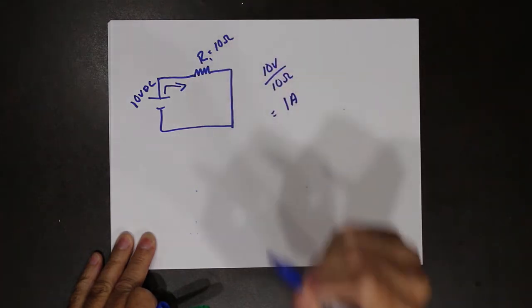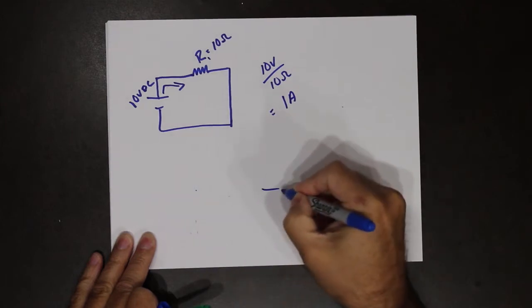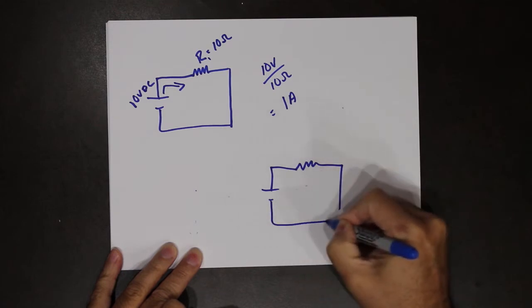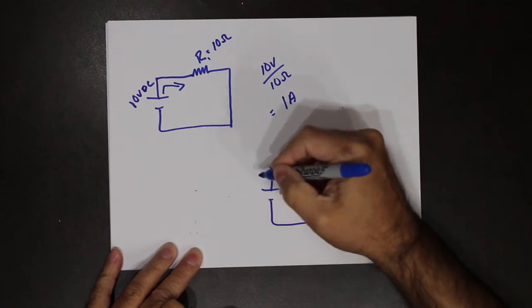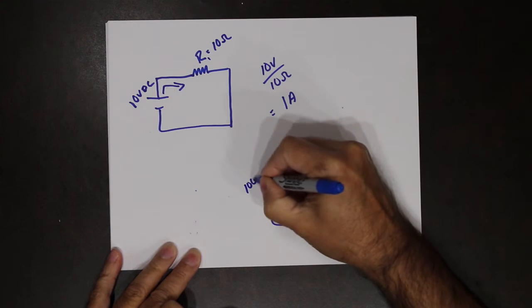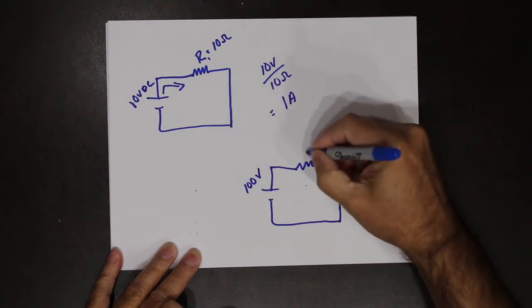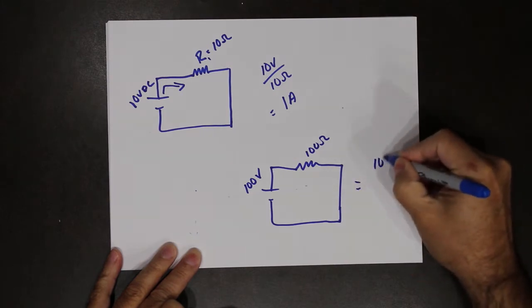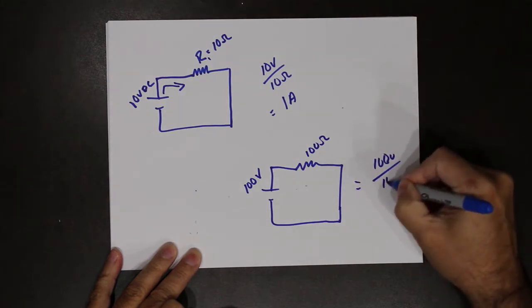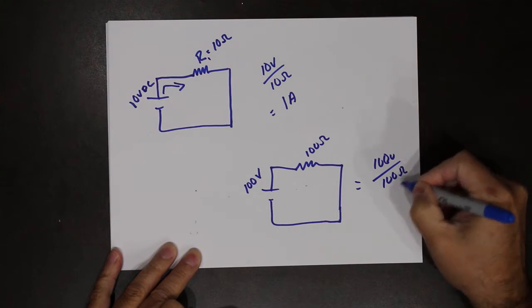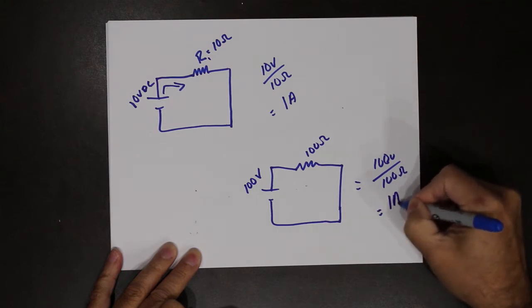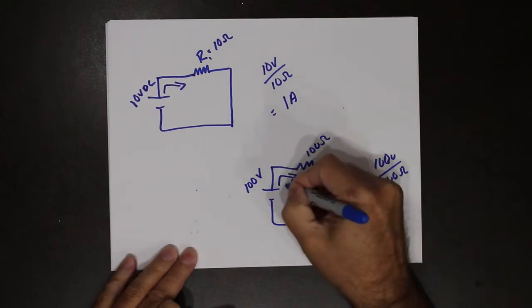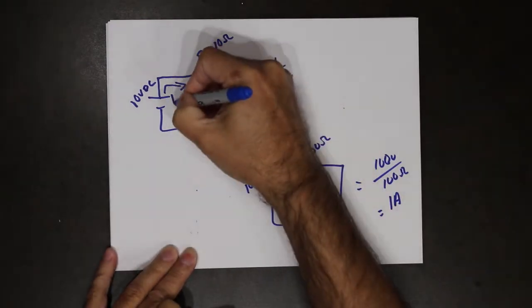So that's resistor 1. And if I had another circuit right beside it, and that circuit had 100 volts and 100 ohms, Ohm's law would tell me 100 volts divided by 100 ohms would tell me that I have 1 amp of current flowing. 1 amp. 1 amp.